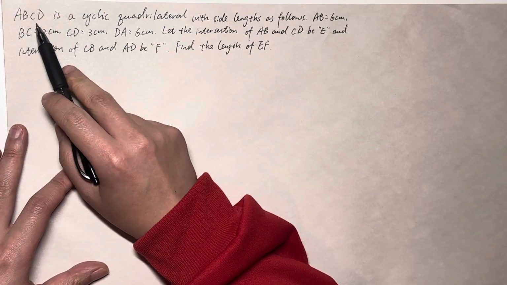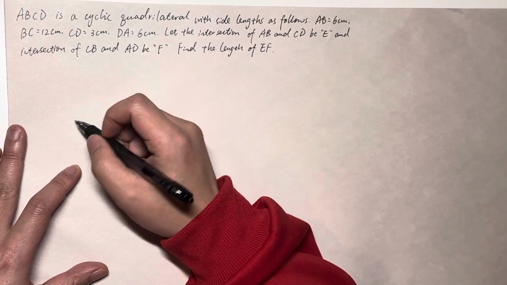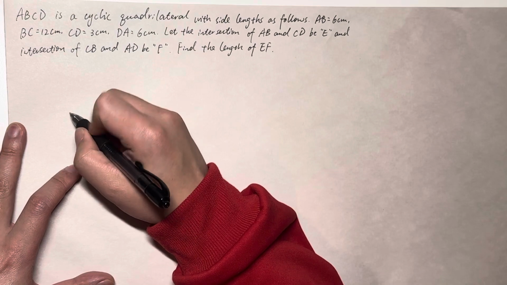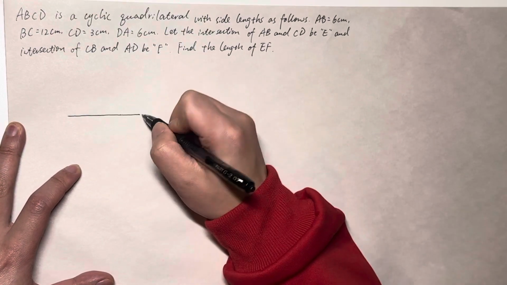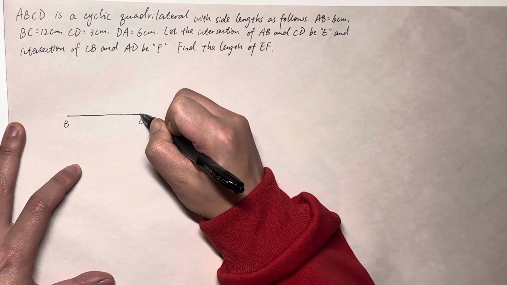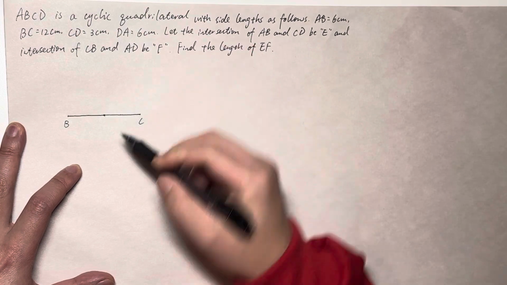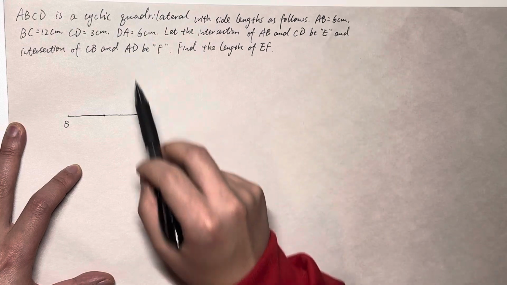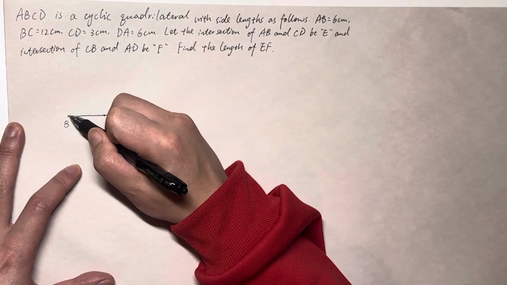We know that ABCD is a cyclic quadrilateral, but it's difficult to draw the plot very accurately by hand, right? I'll just try my best. This is BC, and we use half of BC. Because BC is 12 centimeter, and AB and DA are 6 centimeter, that's half, right?